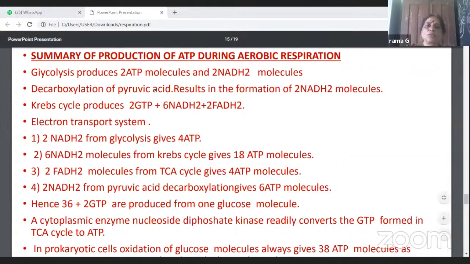So there are 2 pyruvic acid molecules, and those 2 pyruvic acid molecules release 2 NADH2 molecules.